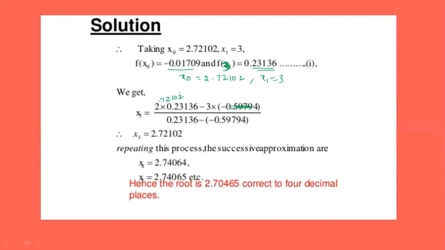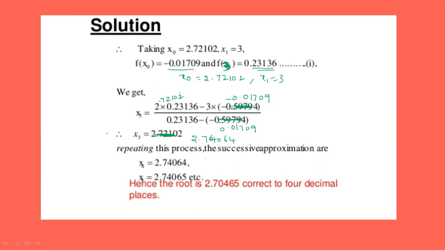This is wrong. This is minus 0.01709 by 0.2316, this one 0.01709. So you will get the value is this, not 2.7012. You will get 2.74064. So you will get this value.